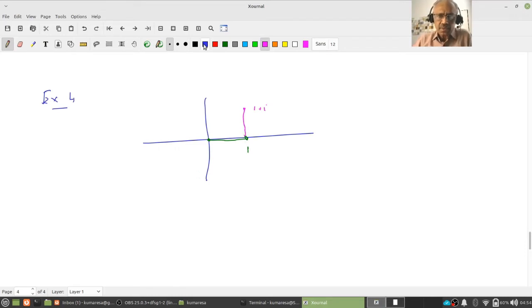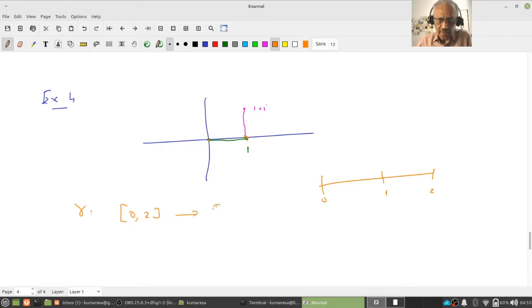I want to take gamma from 0 to 2. So I'm going to split it into 0 to 1 and 1 to 2. From 0 to 1 I will travel from here to reach here, and from time 1 to 2 I will travel from 1 to this.